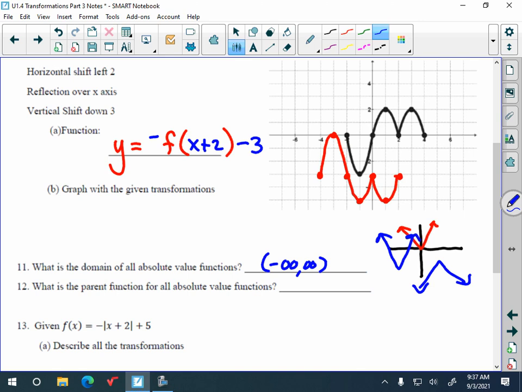For x, we plugged them into the parent function and found the y values, and it all plots into a V. And the parent function for all absolute value functions is y equals absolute value of x. Again, we came up with all the shapes in unit 1.3.